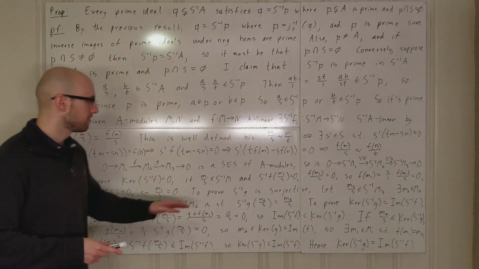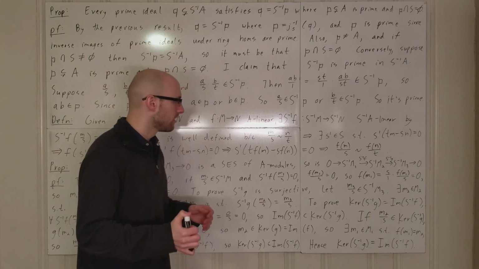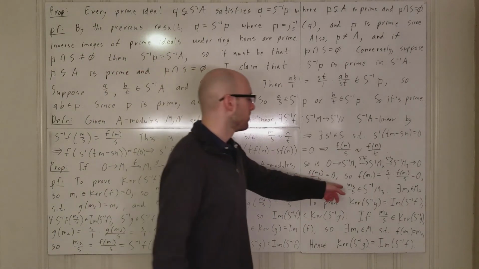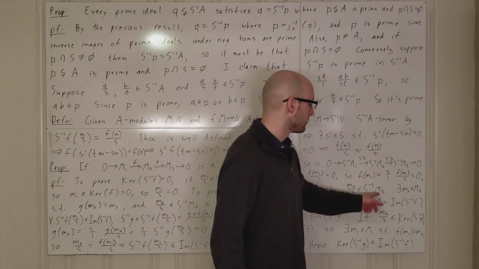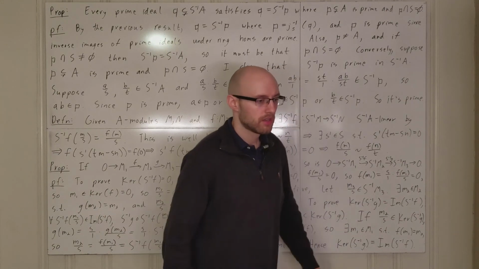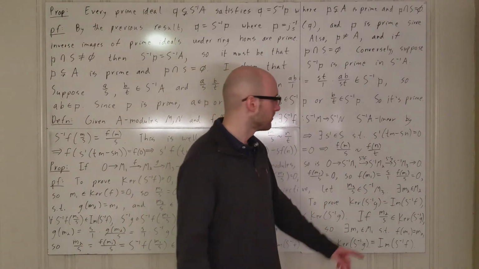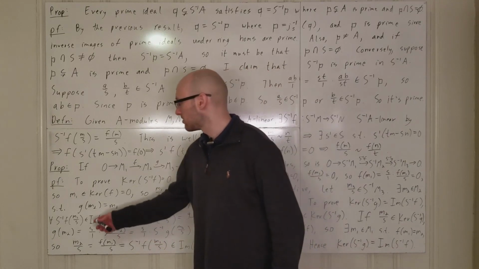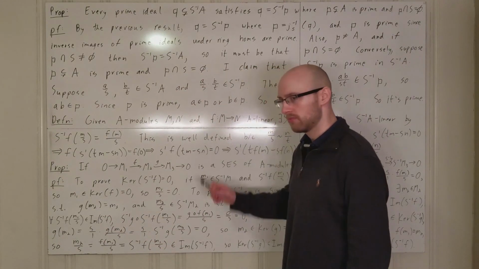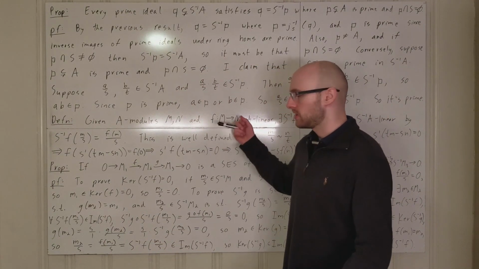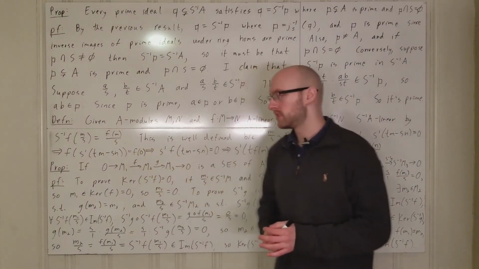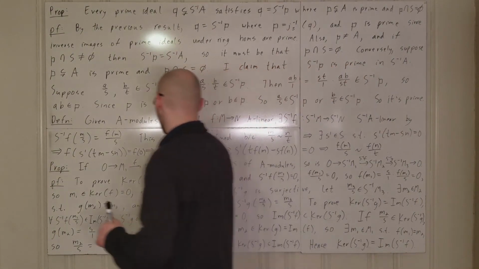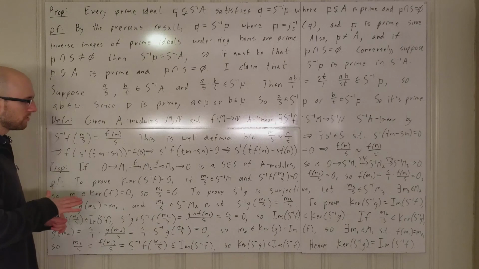Okay, so to prove that S inverse G is surjective, take an element m3 over s, which is in S inverse M3. We know that G is surjective, so there is some m2 such that G of m2 equals m3. And you just take m2 and divide it by s and see what happens. M2 over s is certainly going to be in S inverse M2.